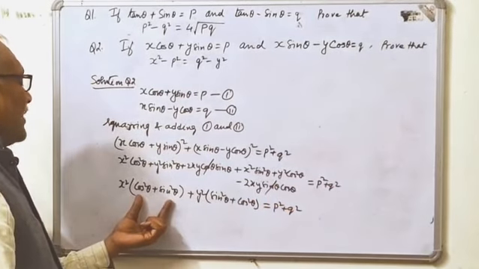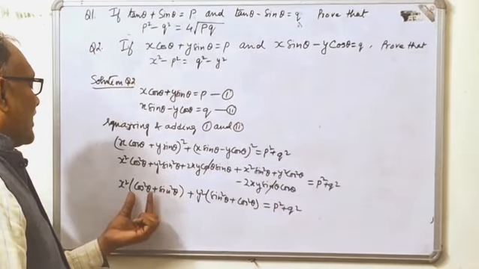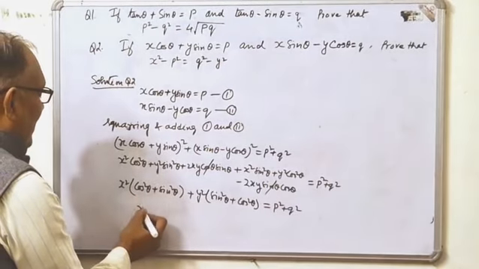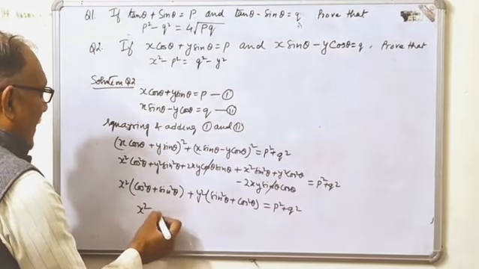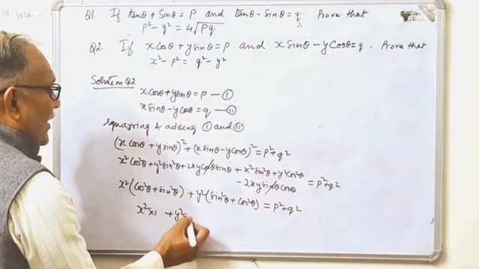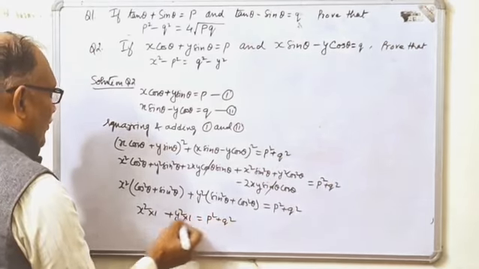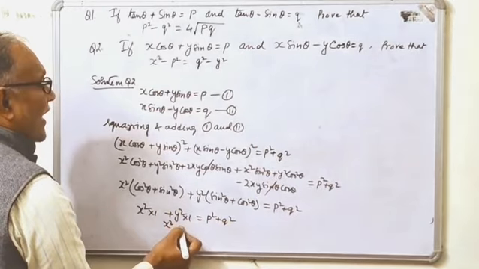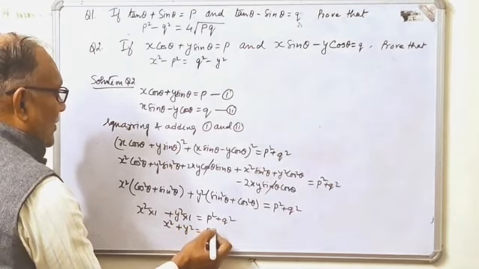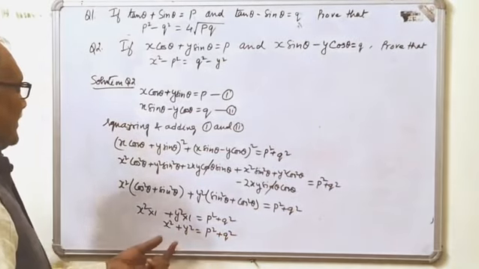Now we know that by the trigonometric identity sin square theta plus cos square theta equals 1. So we will have x square into 1 plus y square into 1 equals p square plus q square, or x square plus y square is equal to p square plus q square.